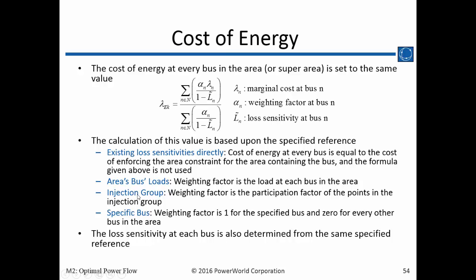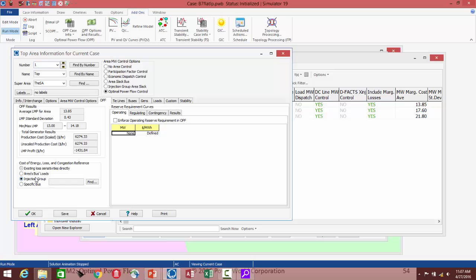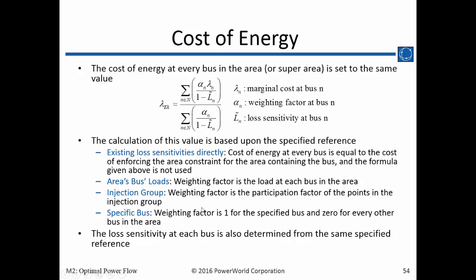If you use the injection group as a reference, then you pick a specific injection group. If you choose that, you have to pick an injection group that you created, and then it's just going to weight the participation factor of the points. So every point in the injection group is attached to a terminal bus, and then it'll use that participation factor associated with the LMP at that bus.